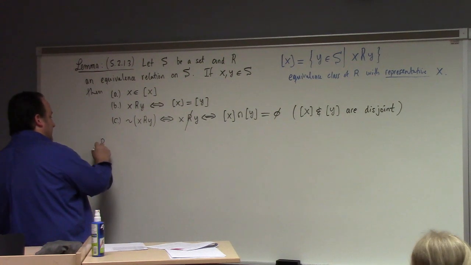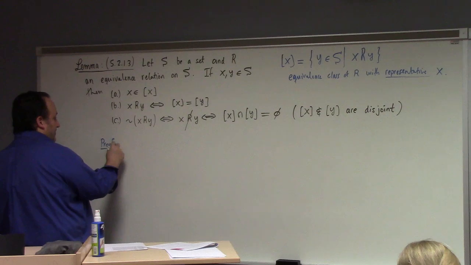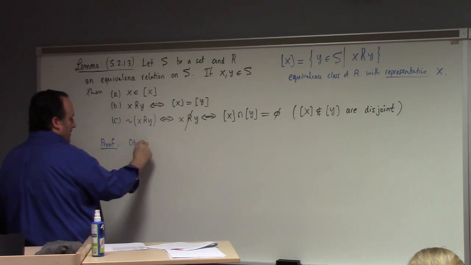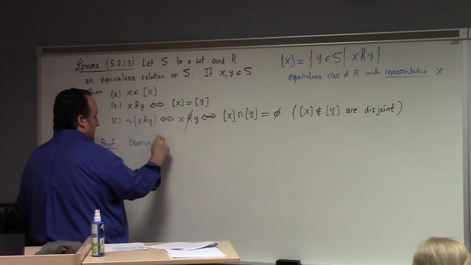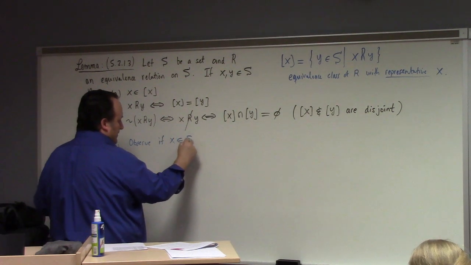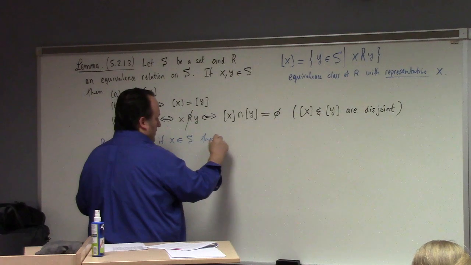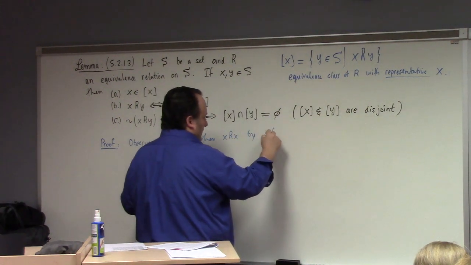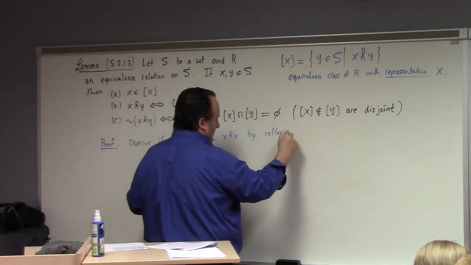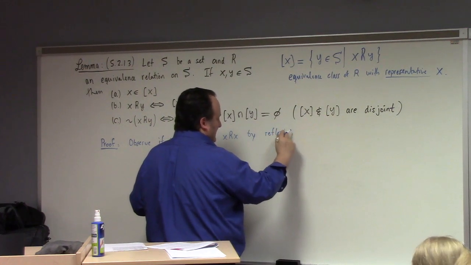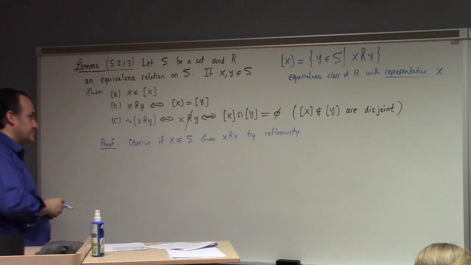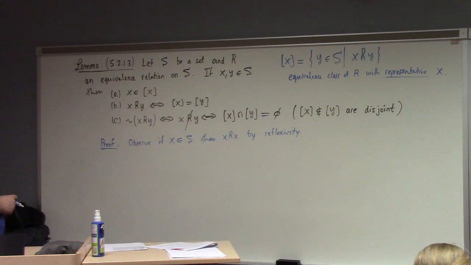Okay, so you guys help me out here. What does the proof of this look like? For A, observe if X is an element of S, then X is related to X by reflexivity. All right, there's a word for you. And then what?